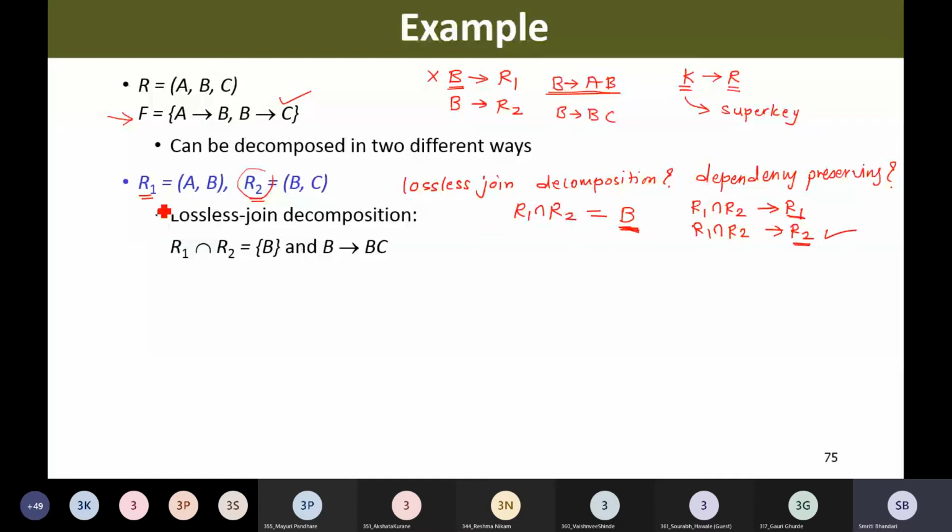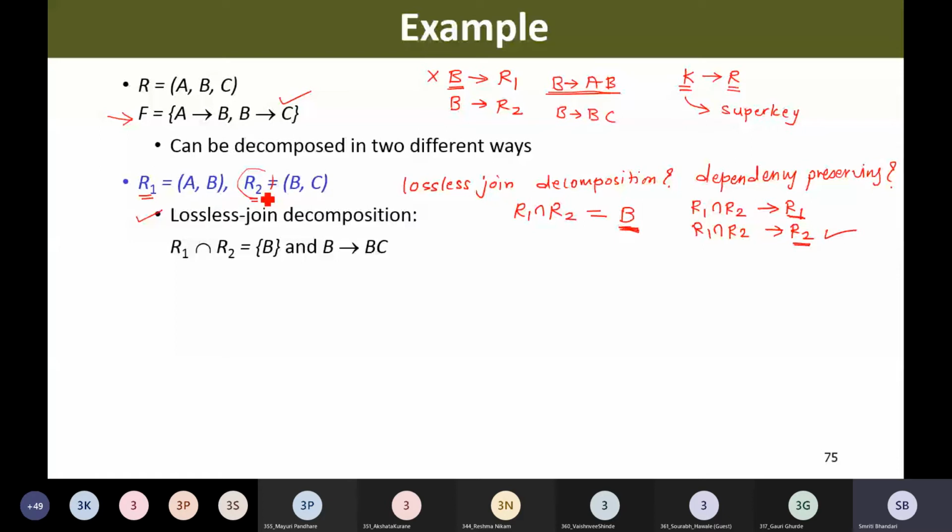Okay. So we have found that this decomposition is lossless join decomposition. Now let us check whether this decomposition is preserving the dependencies. And how to check it?